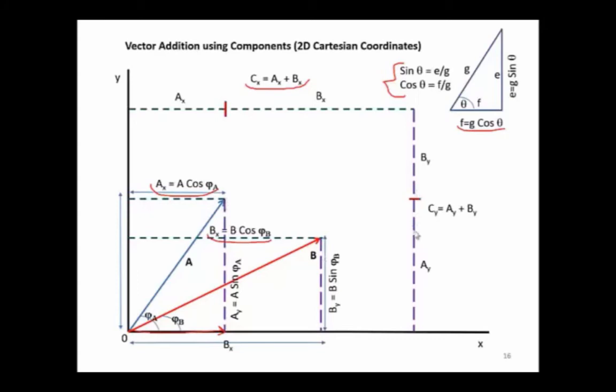And so you can see that you have ay plus by. That's the y component of the sum. And so if you do that, then this is where you end up for the sum of those, and so there you have the vector a plus b in terms of the components. If we were to take the sum of a plus b, you can see that it also comes up to the same point. So this is the geometric addition of the two vectors.